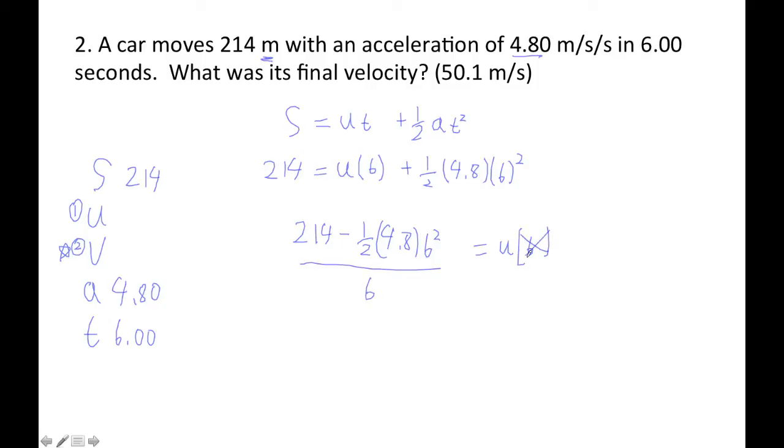Okay, so let's do this guy here. 214 minus 0.5 times 4.8 times 6 squared. That's 127.6 divided by 6. 21.26 bar. So my initial velocity is 21.26 bar, like that, right?